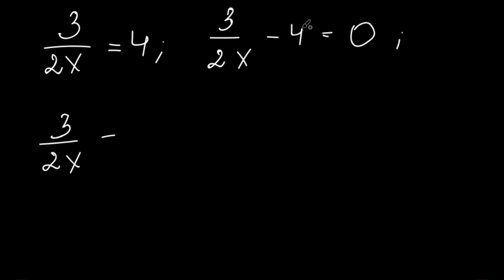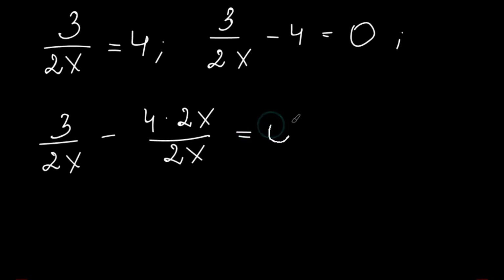In our case, it would be 2x over 2x, so 4 times 2x over 2x. You see, I'm multiplying by 1, so I don't really change anything in this equation, but I make a common denominator, and that helps us add fractions, or in our case, subtract fractions. Okay, so it's equal to 0.